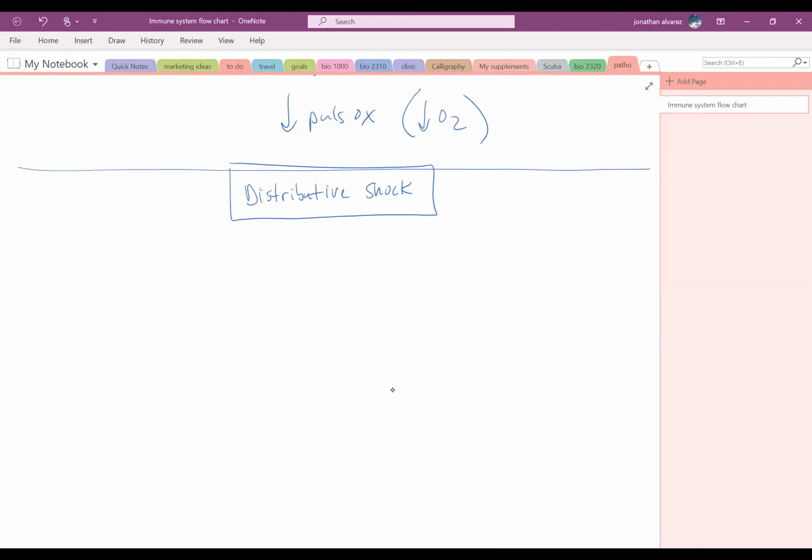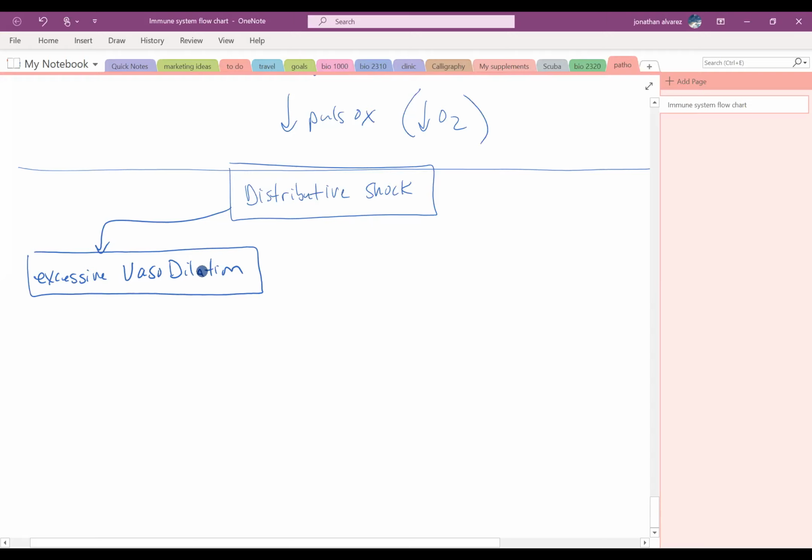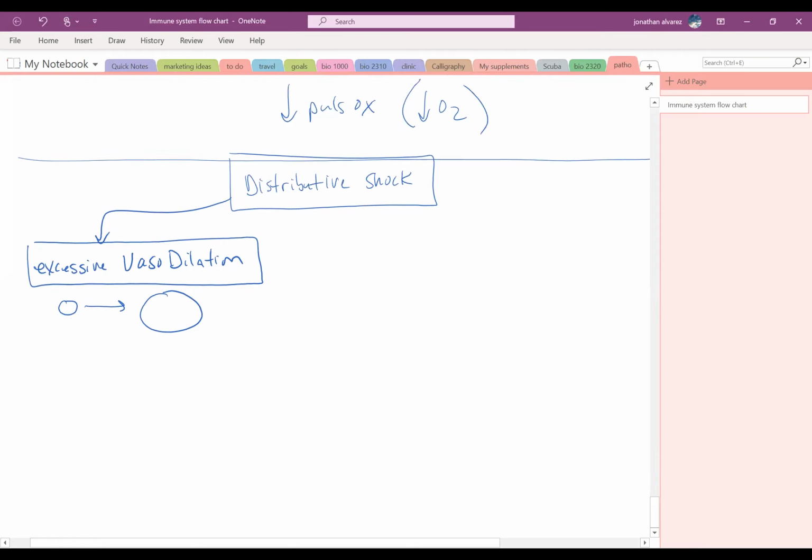So first, let's start with it: it is excessive vasodilation. So the tubes went from this big to this big. So excessive vasodilation.